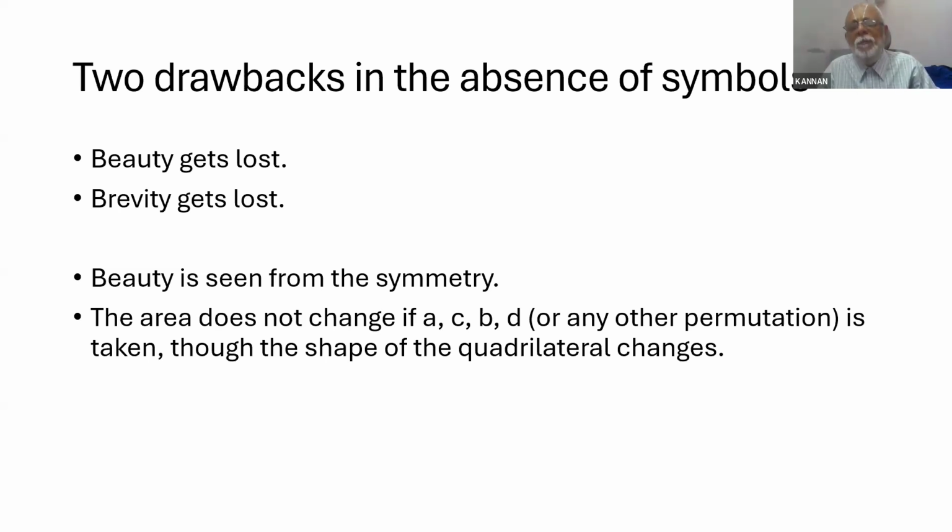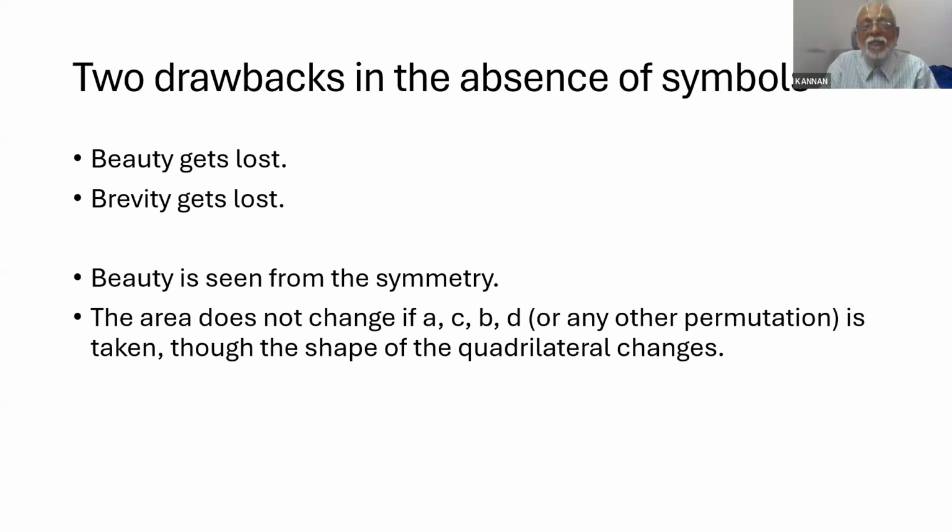What do we mean by symmetry in the formula? We mean that the area does not change if, instead of A, B, C, D, I permute them and write A, C, B, D, or I permute it in some other way and write it as D, C, B, A. Whatever permutation we take, the shape of the quadrilateral will change.